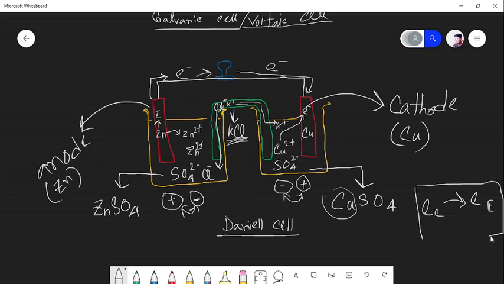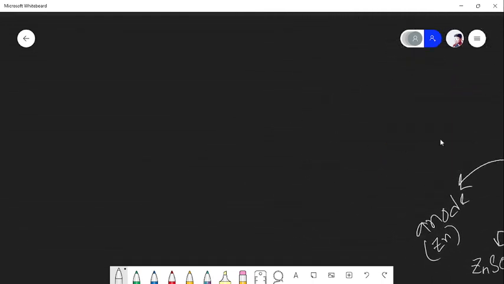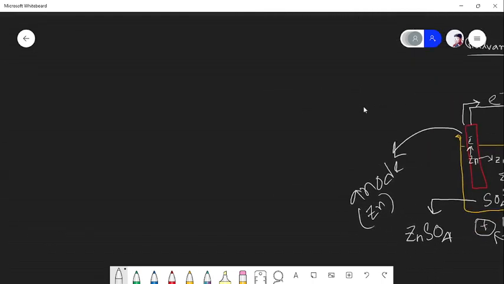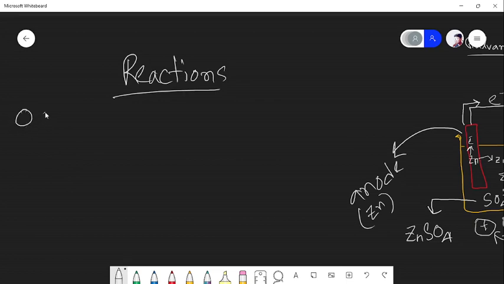Now, let's see what reactions occurred here. Okay, reactions in the anode first. In the anode, oxidation occurs.